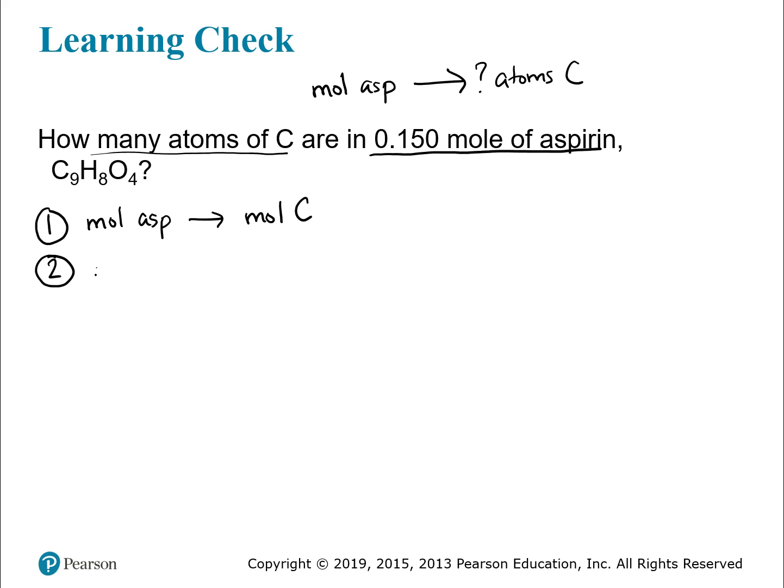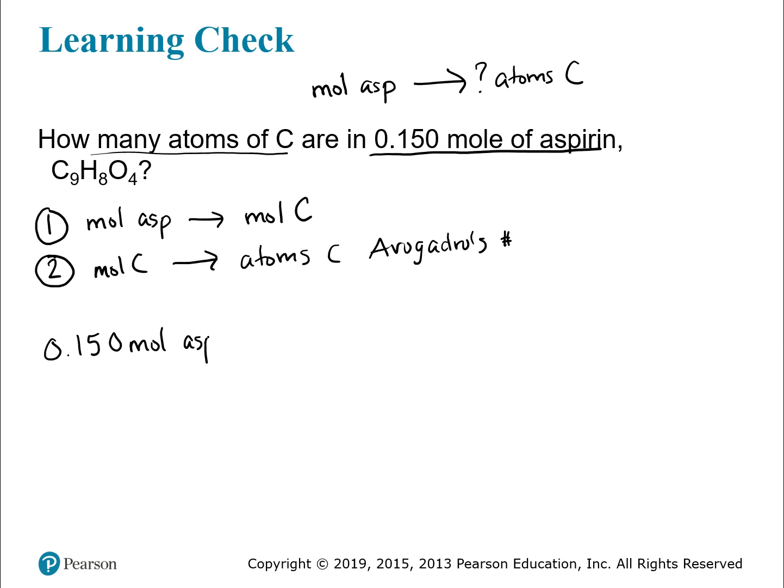Then we can take those moles and convert them to atoms using good old Avogadro's number. Let's set it up. And again, remember, I'm abbreviating aspirin ASP.